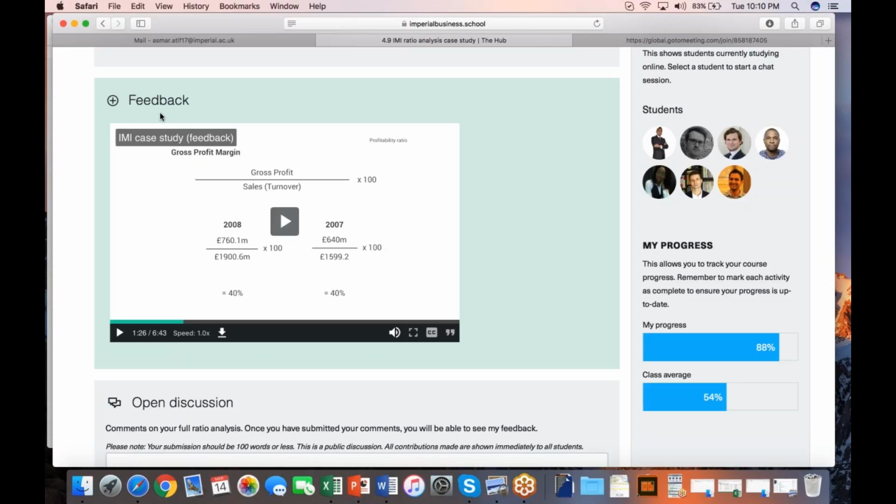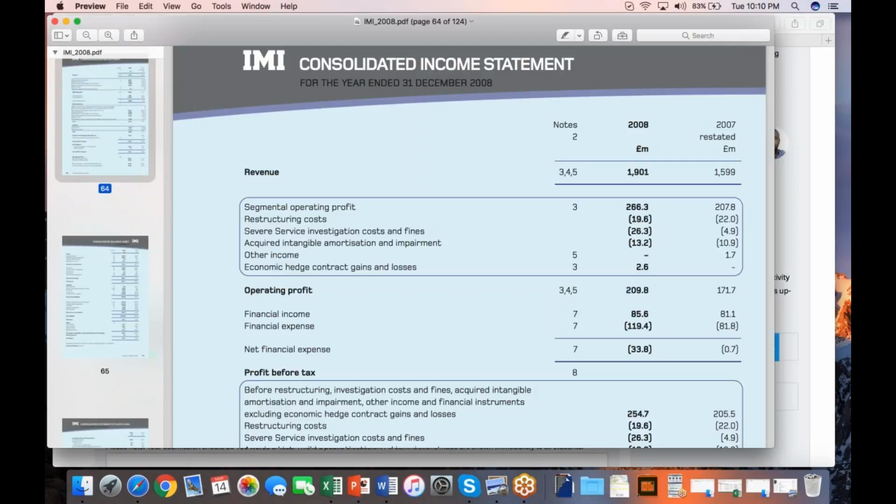The other session is 110 minutes. And this morning I heard that session where she explains which one is an exceptional item, why these hedges, why this economic hedge contract gains and losses, which means any other income or any other economic hedge gains or loss you should include in the operating profit.